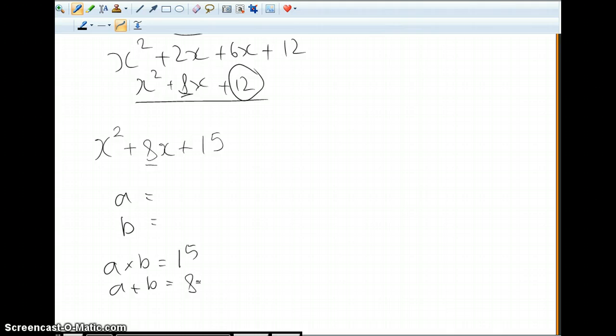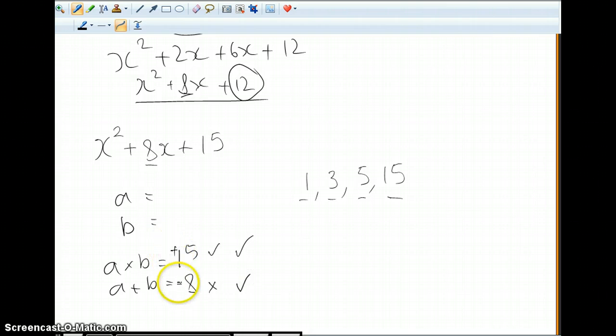Okay, so I was going to start with my factors of 15. In fact, I'm just going to write down all the factors of 15 in a line. 1, 3, 5, and 15. 1 and 15, sure, they multiply together to give 15, but they don't add together to give 8. 3 times 5, they multiply together to give 15, and they add together to give 8.